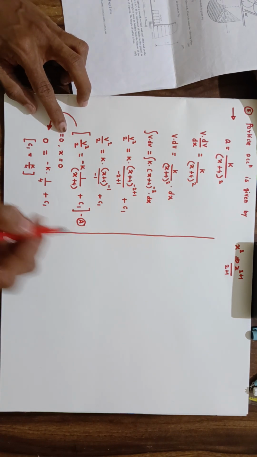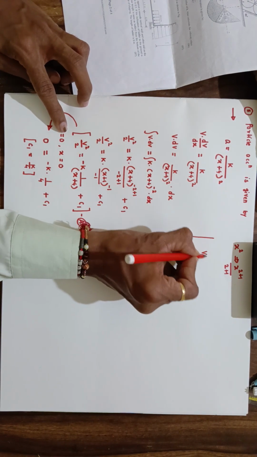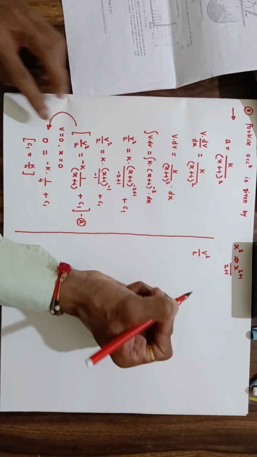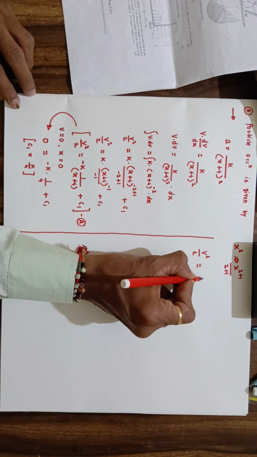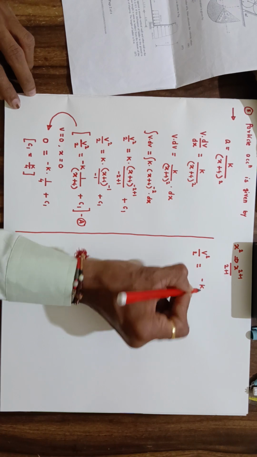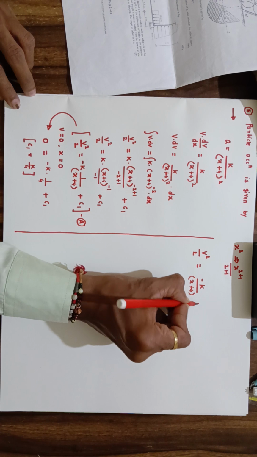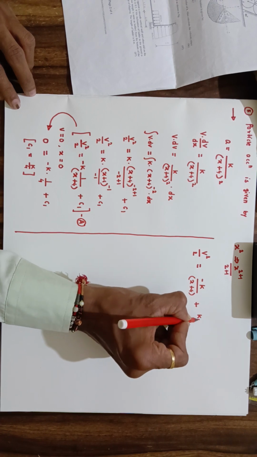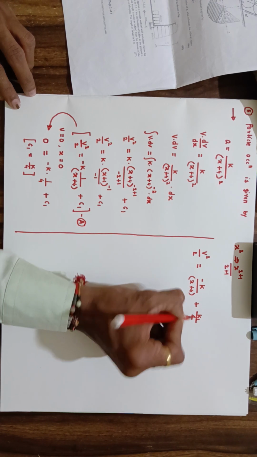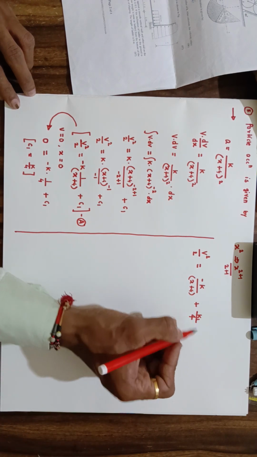Now put the value again in equation A. So v square by 2 is equal to minus k upon (x plus 4) plus c1, whose value is k upon 4.